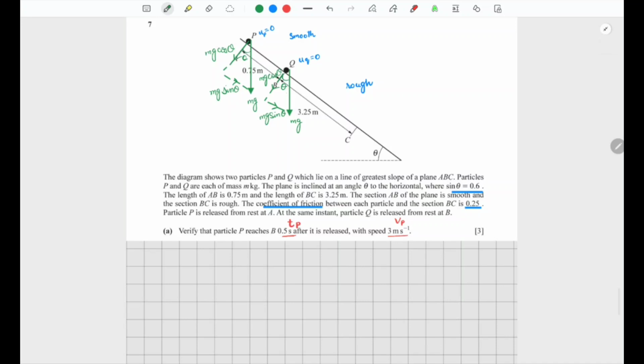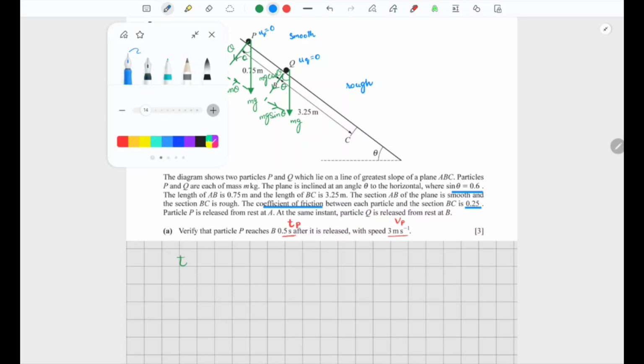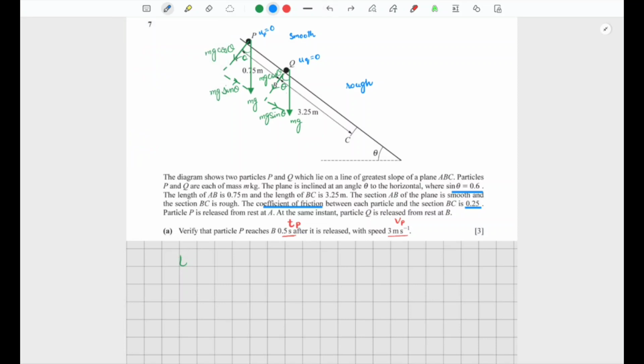Okay, now what are the things that are given to us to find the time? First thing that we need to find is the time and velocity of P. What is given to us is that the initial velocity of P is 0.